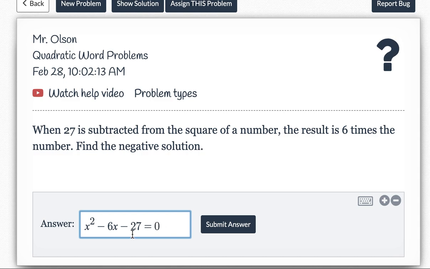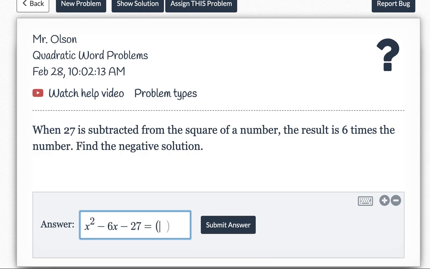Can I factor that? What two things multiply to make 27 that subtract to make 6? I think that's going to be 9 and 3. And so I'll have x minus 9 and x plus 3. The x plus 3 factor will give me the negative solution, negative 3, right?